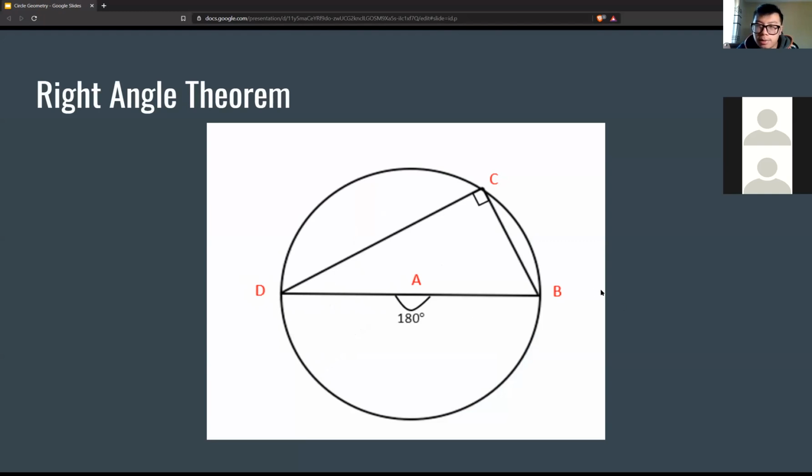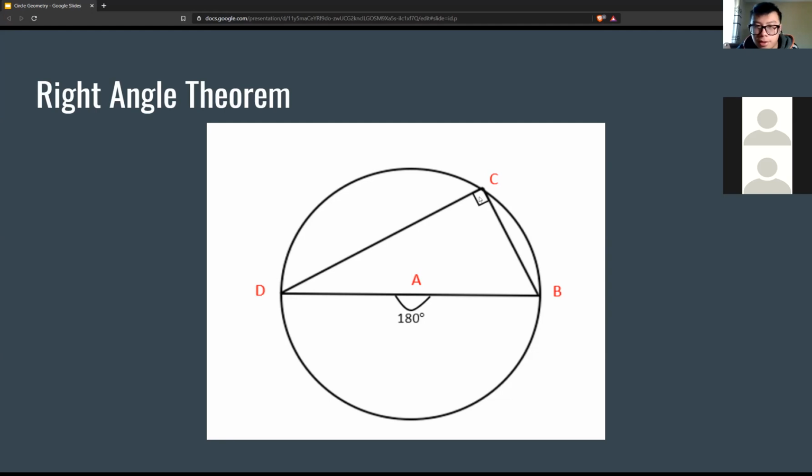So we call it DAB. If we name the angle, it's called DAB, and that angle is 180 degrees. The theorem states that if you have the semicircle and you draw a triangle from the diameter, that means that DCB, so like the top angle right here, has to be a right angle.